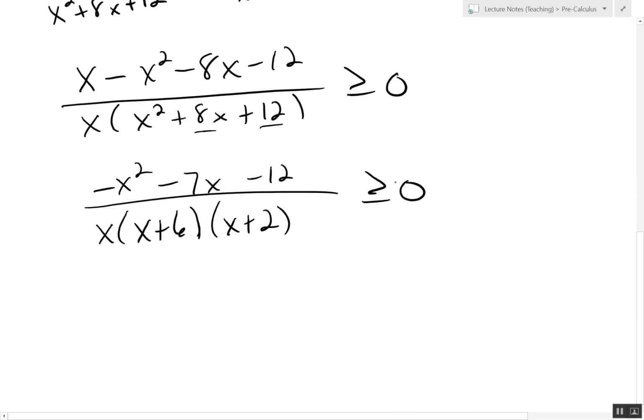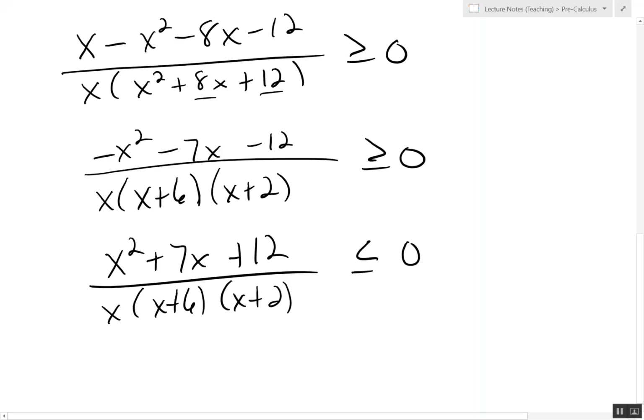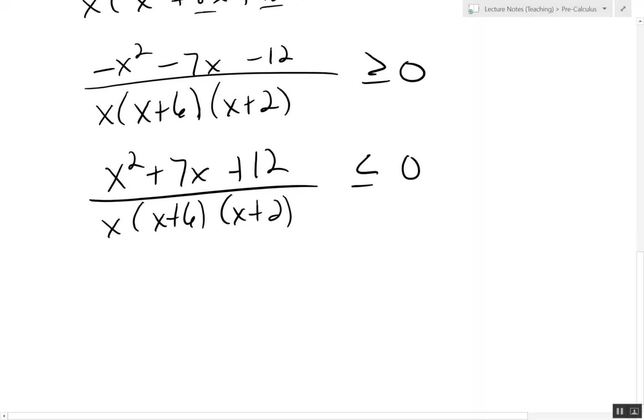I'm just going to multiply through by negative 1 to get rid of all the negatives in the numerator. So we'll have x squared plus 7x plus 12 all over x times x plus 6 times x plus 2. And this is going to be now less than or equal to 0.